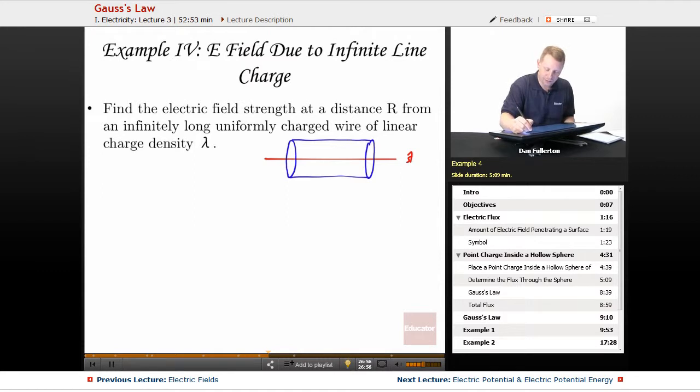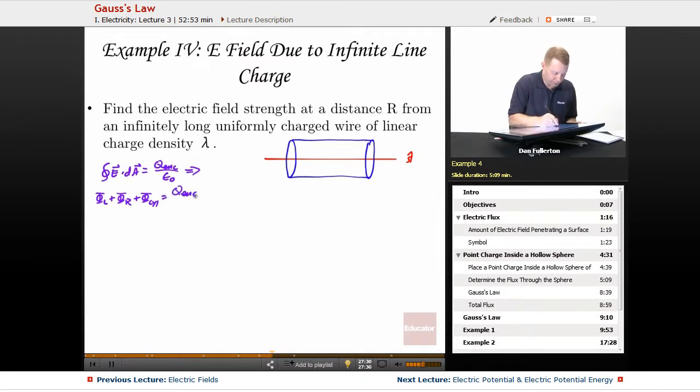So we'll start off by writing Gauss's law again. The integral over the closed surface of E dot dA equals the charge enclosed by our Gaussian surface, divided by epsilon 0. This is the total flux, but we're going to break that flux up into a piece through the left cap, a piece through the right cap, and a piece through the sides, which I'm just going to write as the cylinder portion, and it must equal Q enclosed over epsilon naught.